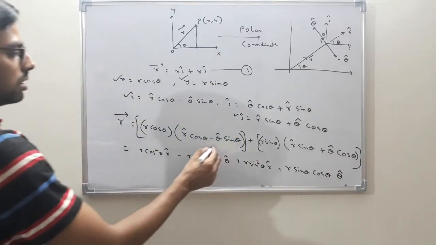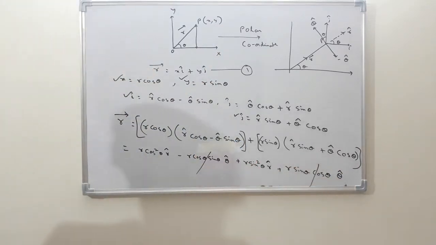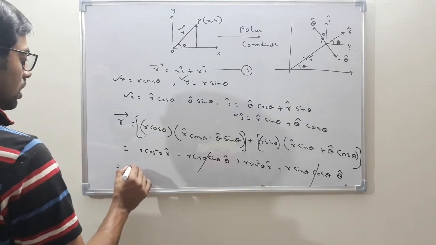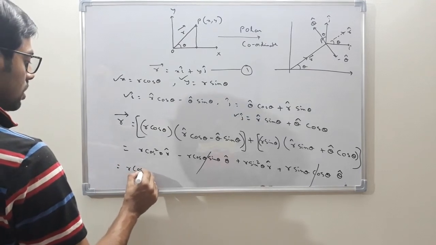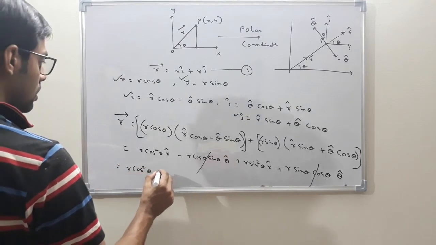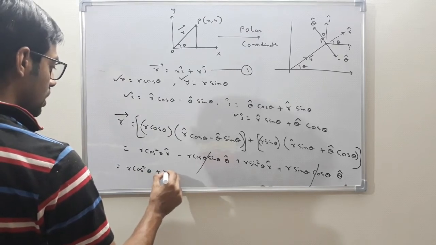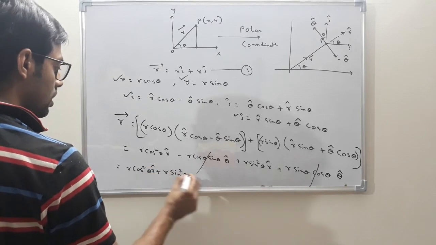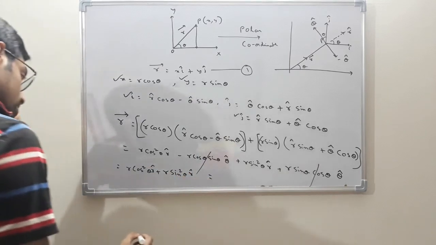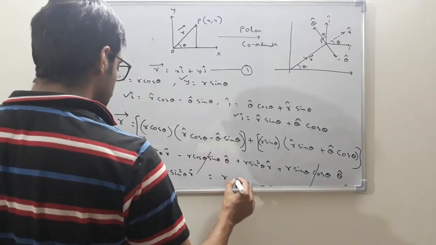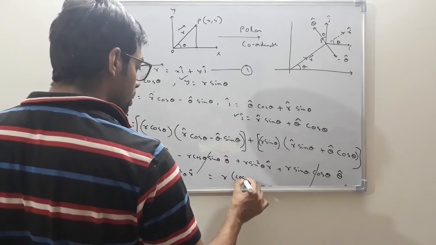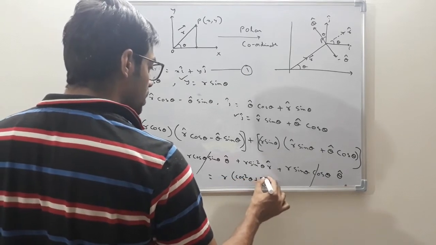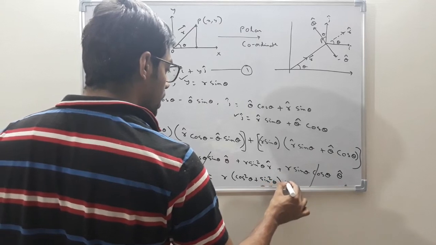Now we can cancel these two terms. Therefore we are only left with r cos square theta plus r sin square theta, so r vector equals r into cos square theta plus sin square theta into r hat.